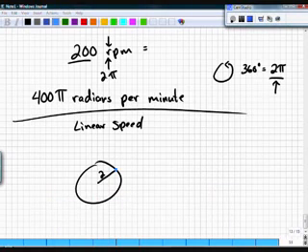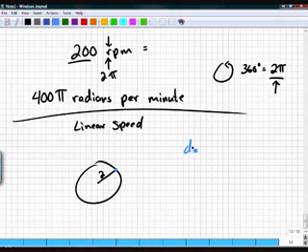So we're asked for a linear speed. And think about this. We've got this gear that's spinning 200 times each minute, but we're worried about distance. How far does it travel distance-wise over time? Because that's linear speed. With me? Let's discuss how far it did travel. Well, what if it just spun once?